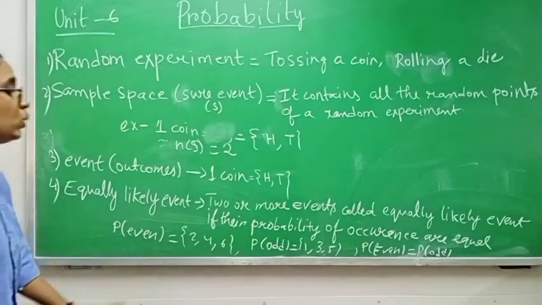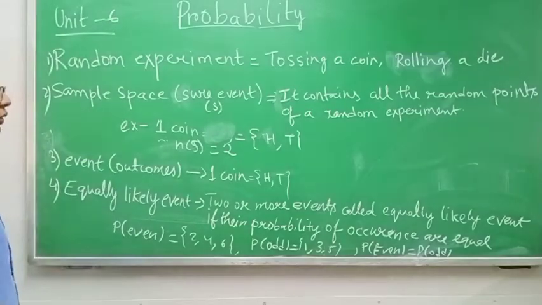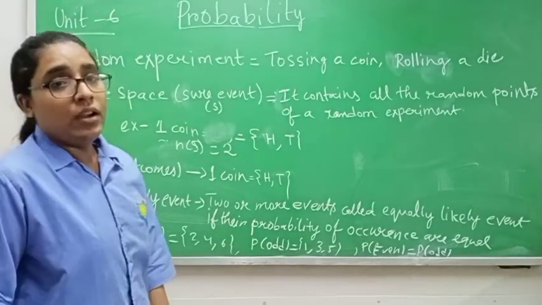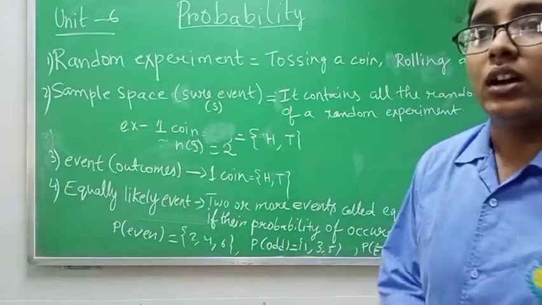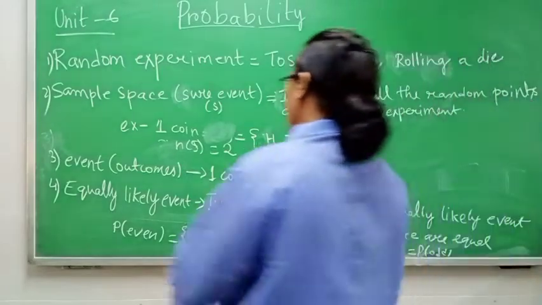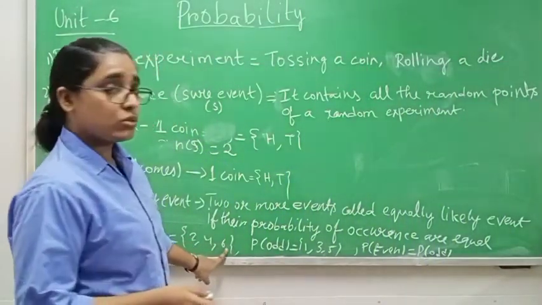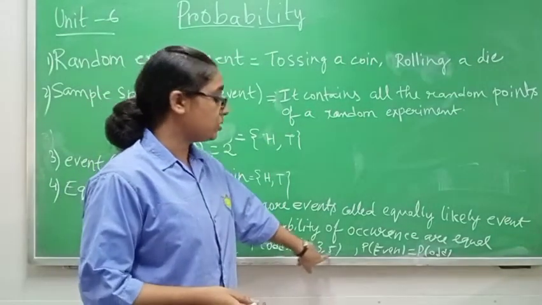Equally likely events: two or more events are called equally likely events if their probabilities of occurrence are equal. It means when you are doing two things. Suppose you are rolling one die, there is a probability that even numbers will come, 2, 4, 6, or odd numbers can come, 1, 3, 5.